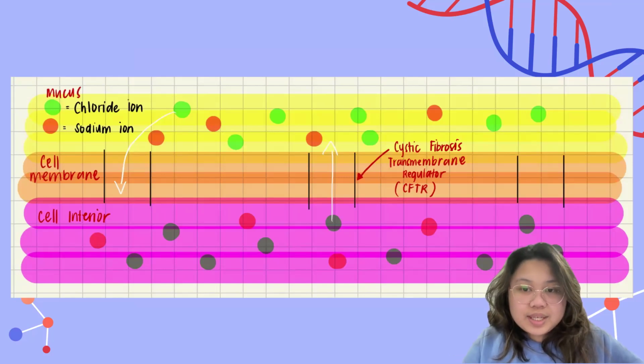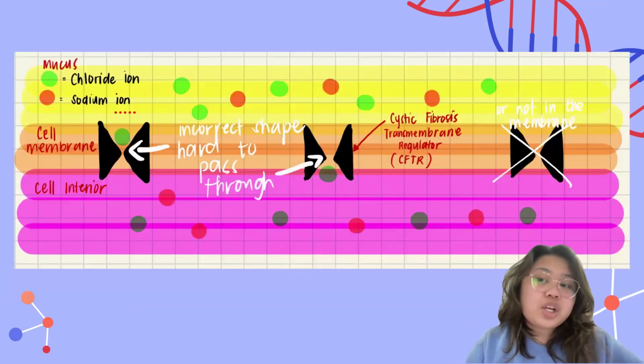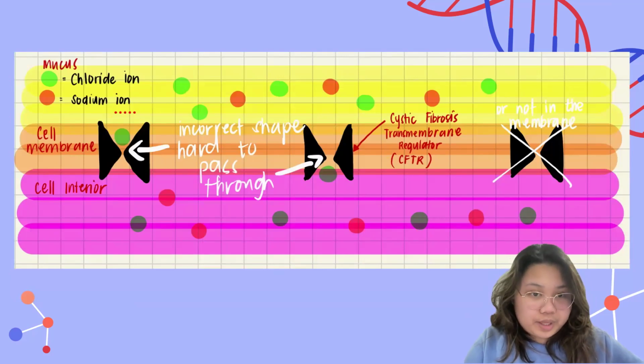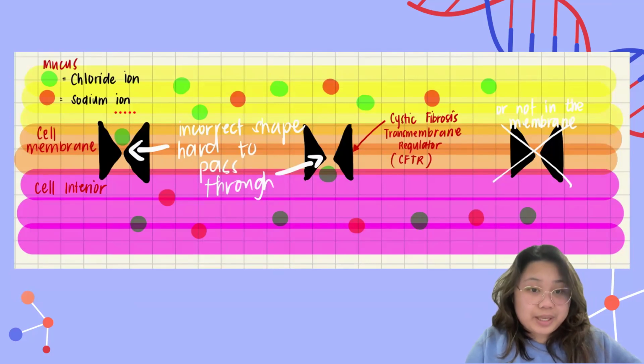In cystic fibrosis, the mutated CFTR gene can make the protein a different shape, making it hard for the ions to pass through, or the CFTR may not even be in the membrane. So it means there's no passage for the ions to come in and out.